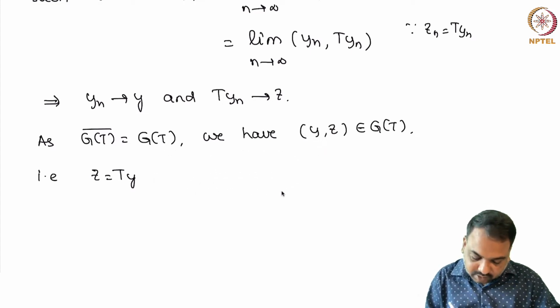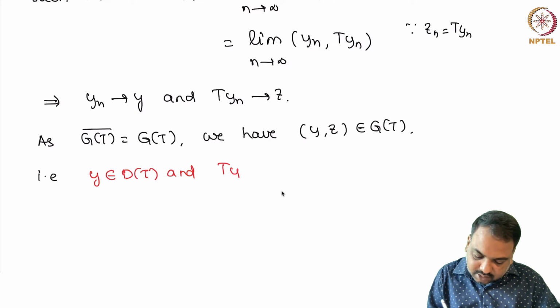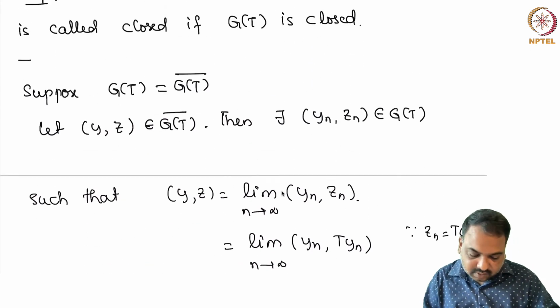So it cannot be for some y, so here we can conclude that y is in the domain of T and Ty is exactly z. So let us try to summarize what we have proved.